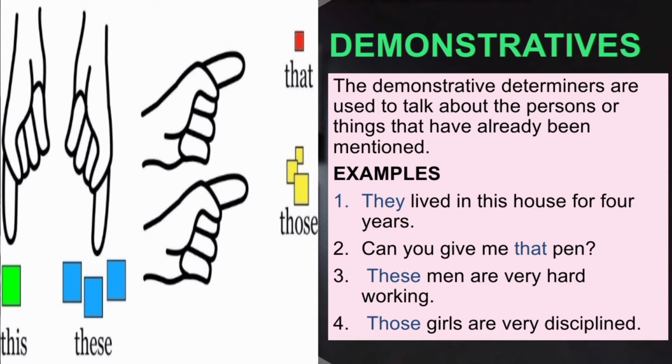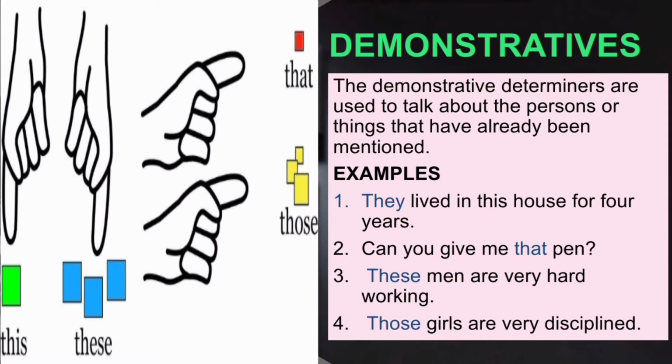In the demonstrative determiners, we are talking about persons or things that have already been mentioned. Now you know there are four demonstratives: this, that, these, and those. Examples we have: they lived in this house for 4 years.